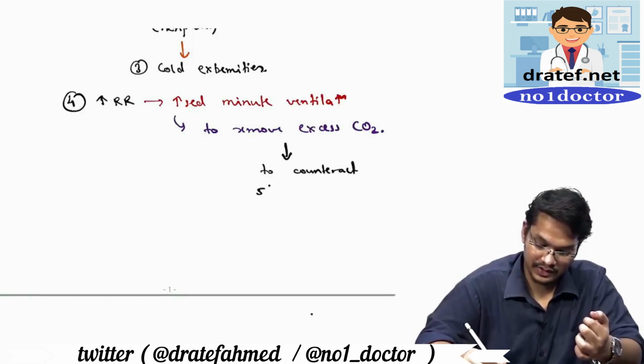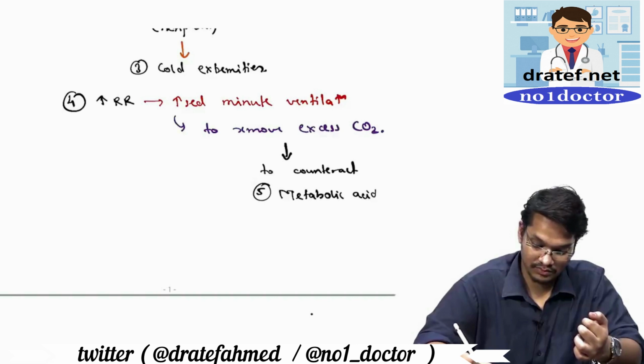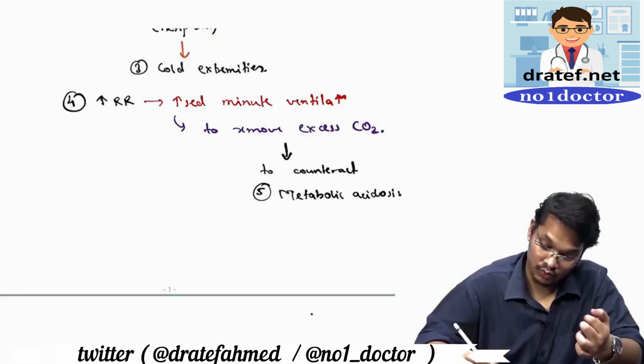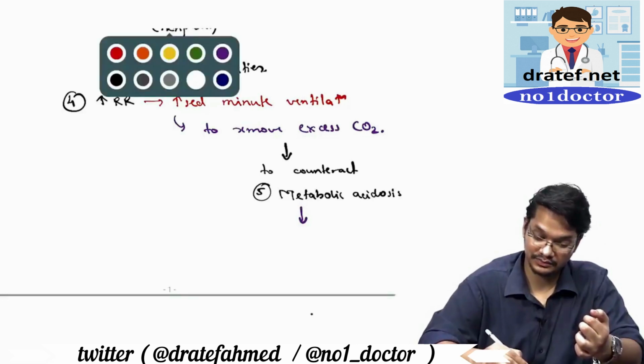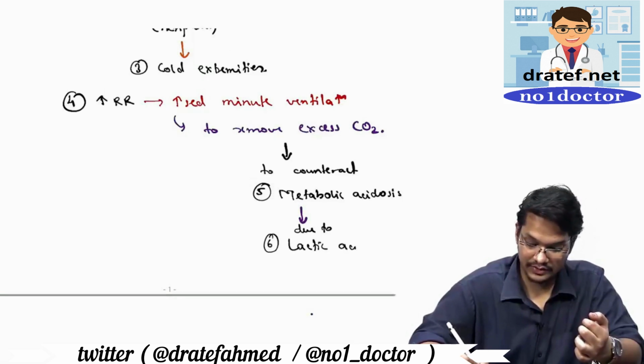the fifth clinical finding, metabolic acidosis. And why does metabolic acidosis occur? Due to lactic acidosis.